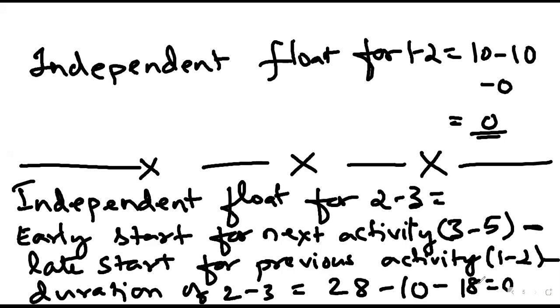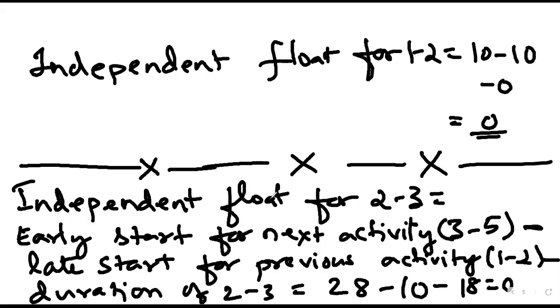That is right. So this is the independent float for the 2-3 activity.